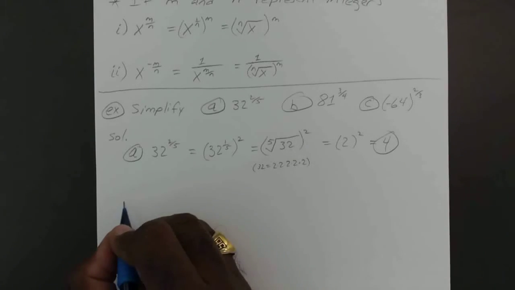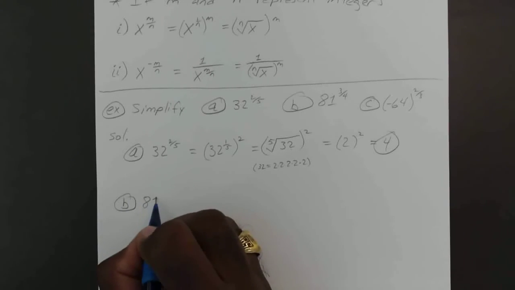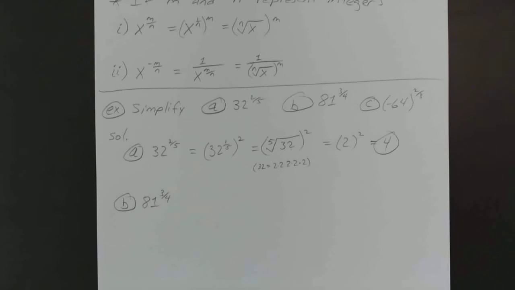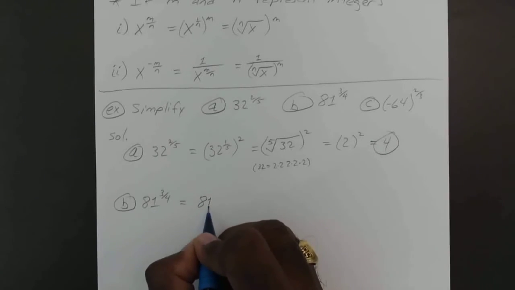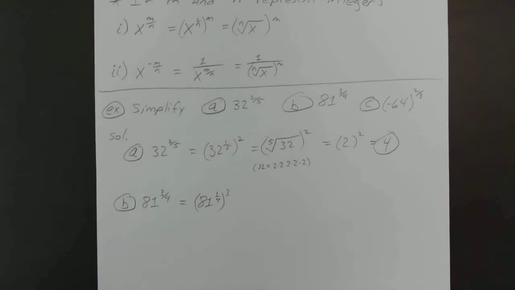All right, so we do the same thing for B. Say 81 to the 3/4 power. Okay, so you're going to grab the numerator of your exponent and pull that to the outside. So that's 81 to the 1/4 to the 3rd power.